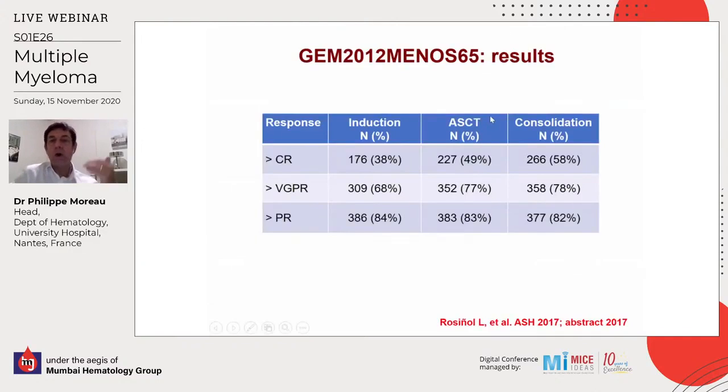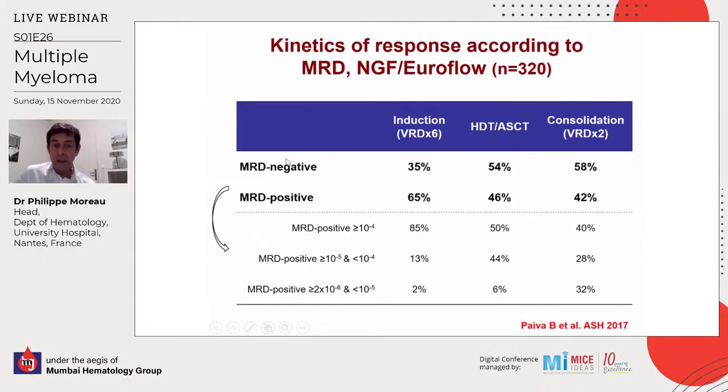And you see that over time, the responses are deepening after induction, after stem cell transplantation, after consolidation. The CR rate: 38%, 49%, 58% after consolidation. And the rate of MRD negativity was also improved.